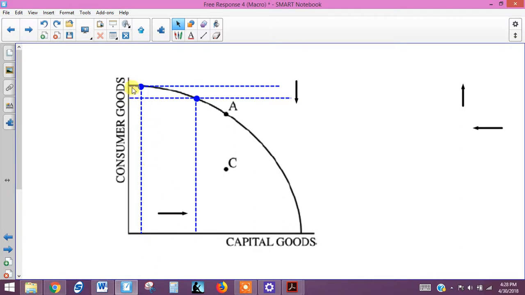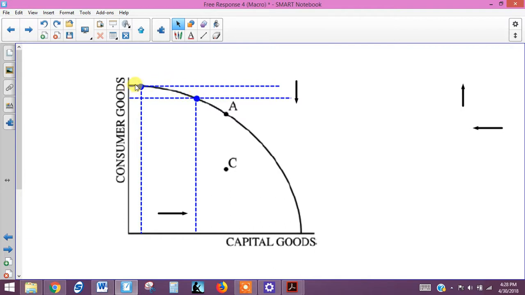Because this curve is shaped like it is, it's shaped concave. It's got a constantly changing slope. So that would tell us that the opportunity cost, which is defined by the slope of the curve, is also constantly changing. And we can show that if we look at moving from this point right here to this point right here.